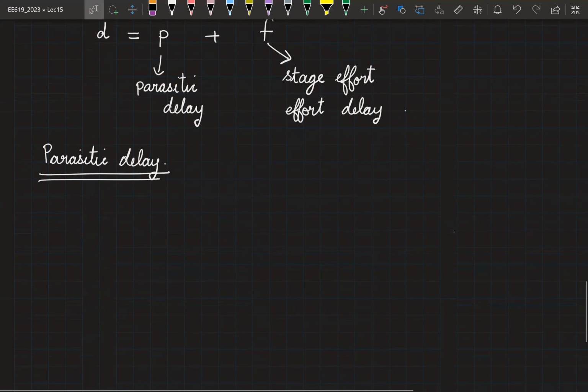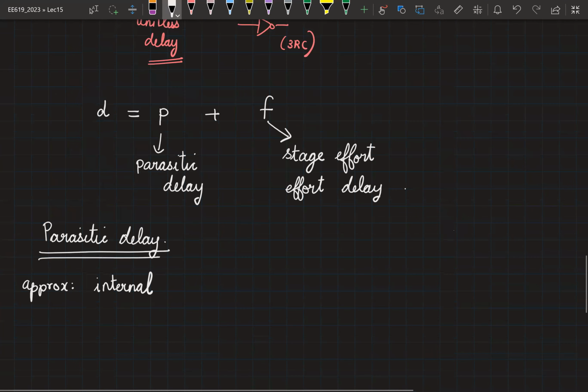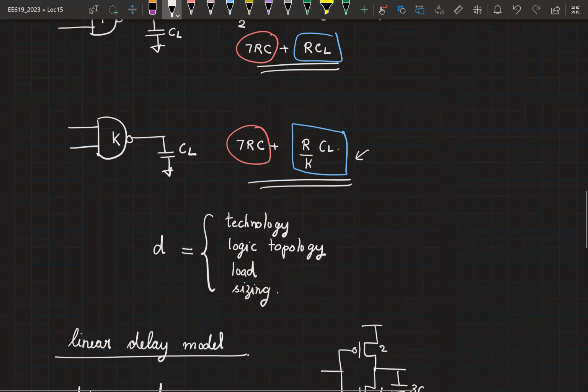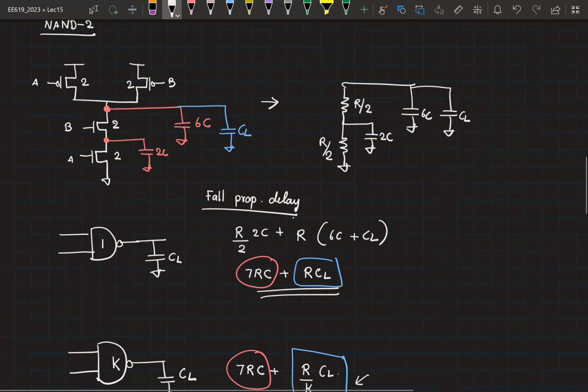The clever approximation is that the internal capacitances of the device you are working with can be neglected. For example, if this is NAND 2, we will neglect this internal capacitance 2C. Only the output diffusion capacitance will be accounted.